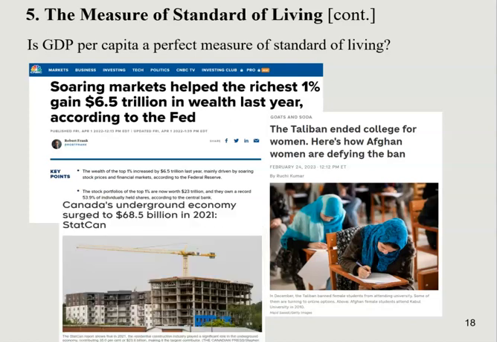Here another headline says that Canada's underground economy surged to $68.5 billion in 2021. So here, remember earlier this chapter when we defined GDP, we said that it doesn't cover any underground economy or home production, DIY things, right? When we talk about the underground economy, people often think about illegal things, drugs, prostitution, these things.